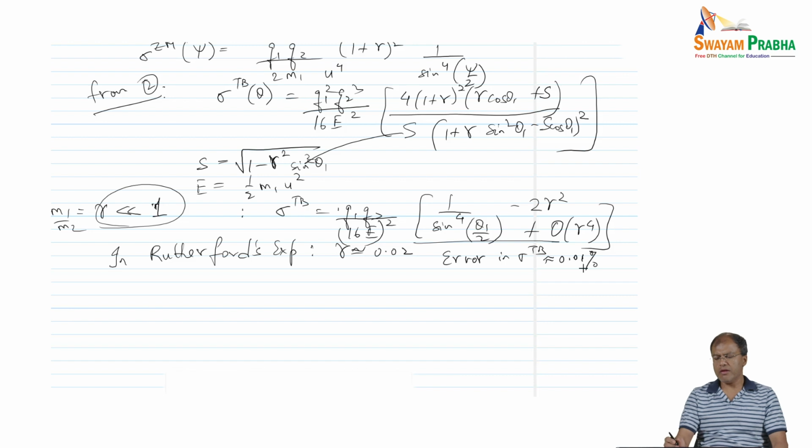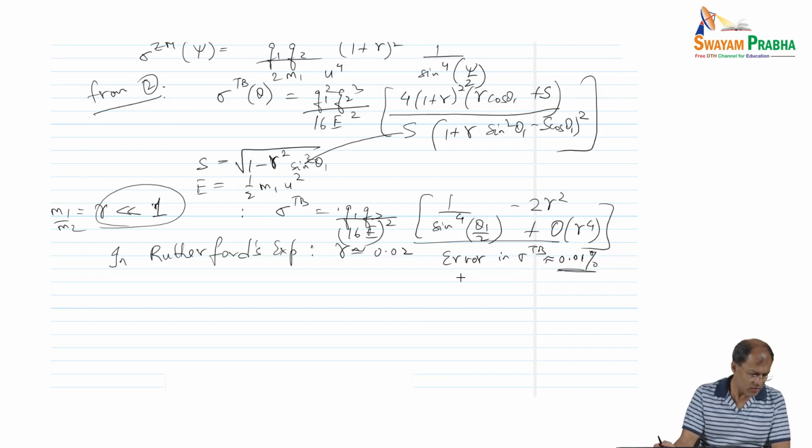So this simple looking formula was able to find the cross sectional density of the two body problem with surprising accuracy, right? So, with very little error.